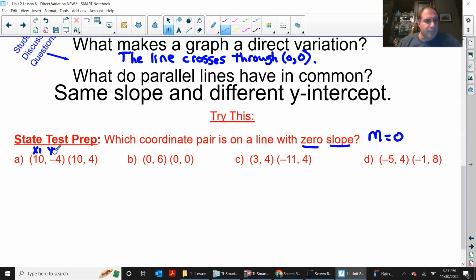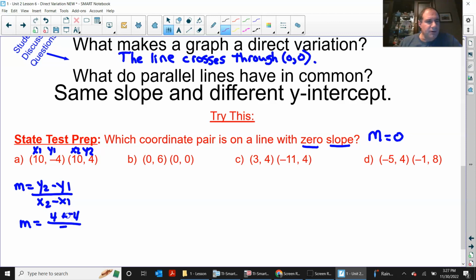So (x1, y1), (x2, y2). And we're going to put m = (y2 - y1) over (x2 - x1). M equals, we're going to put the minus sign, 4 minus a -4.